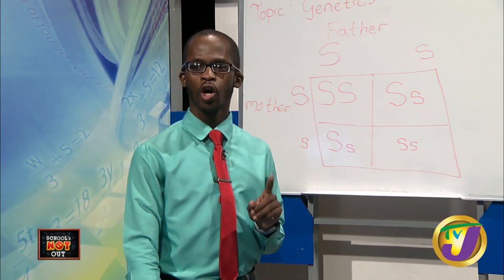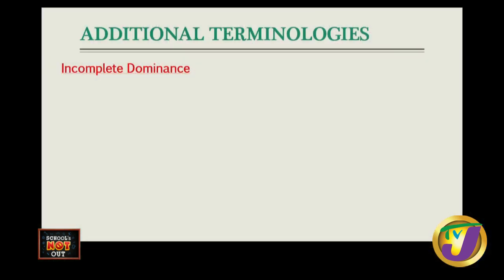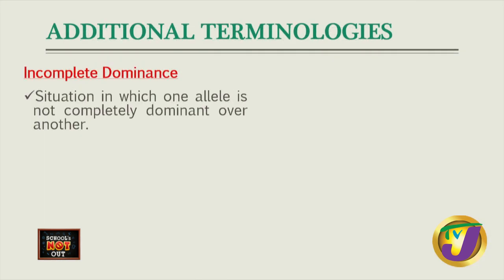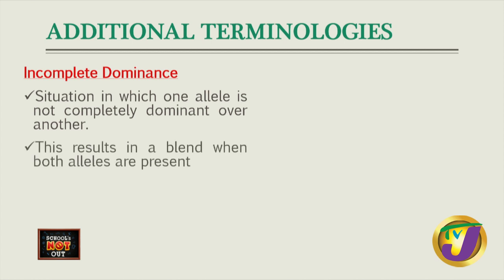We have incomplete dominance. Now, incomplete dominance is a situation in which one allele is not completely dominant over the next. And of course, make sure you don't make this mistake, but this one results in what we call a blend.